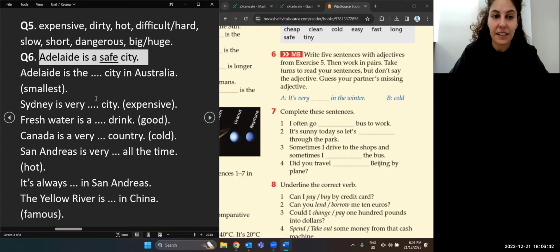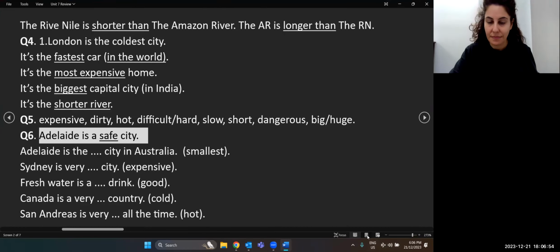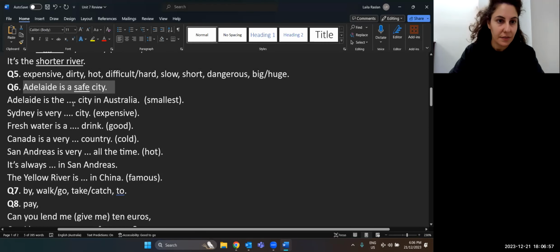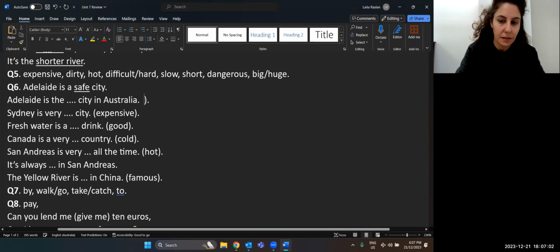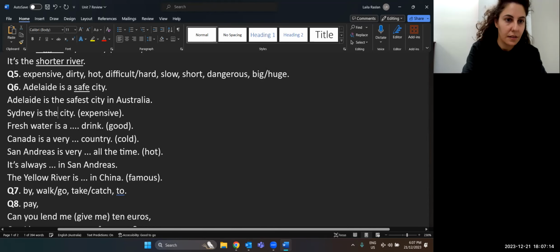Sydney is very expensive, or Sydney is the most expensive city. Yeah. So Sydney is the most expensive city.